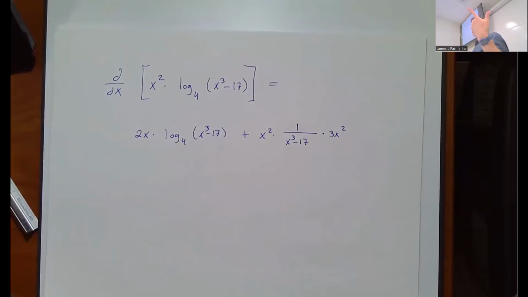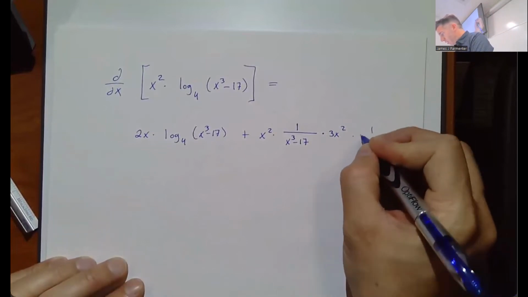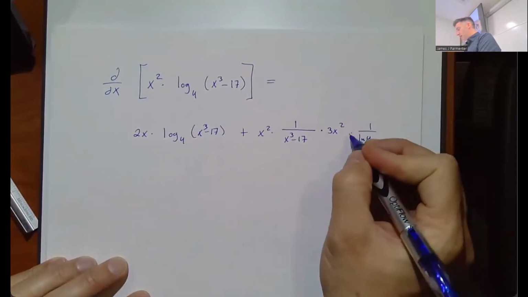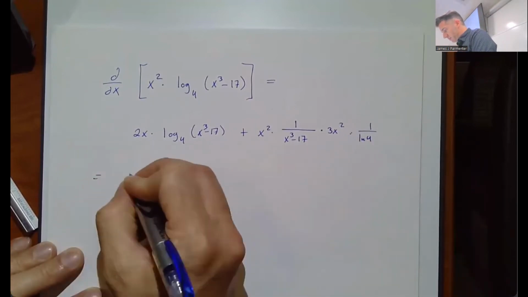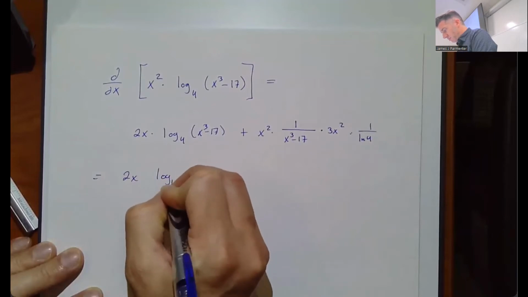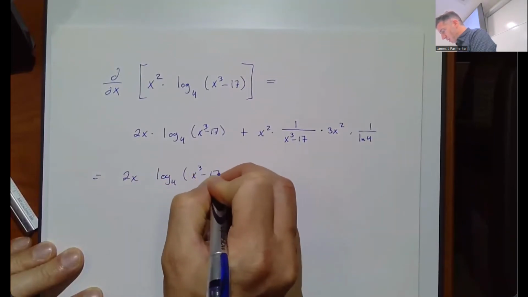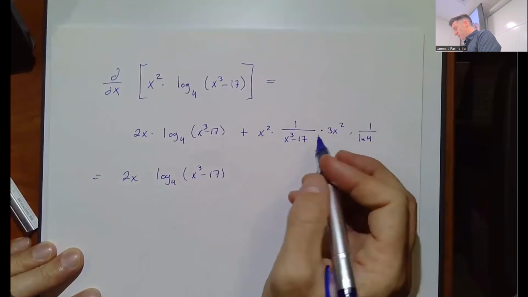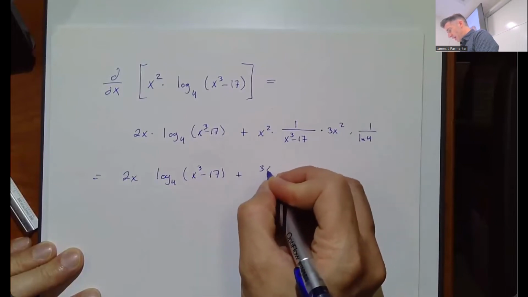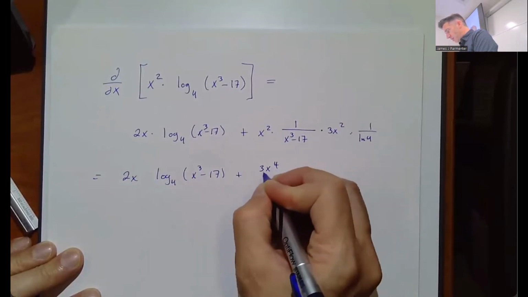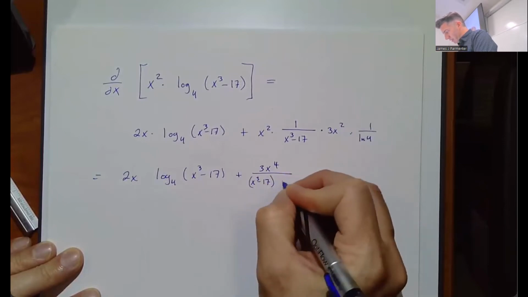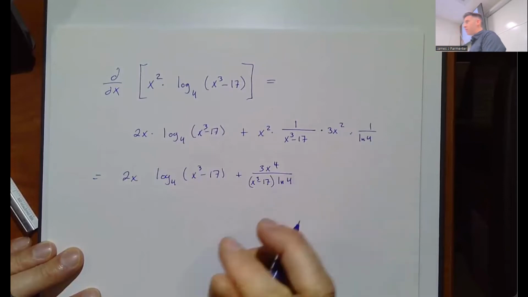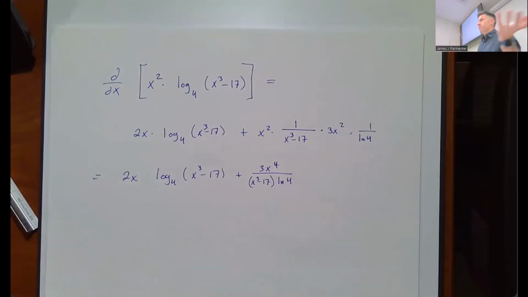I usually just like to write at the end times 1 over natural log of 4. Some people would prefer I write it like this: we could write this as x squared times 3x squared is 3x to the 4th on top, divided by x cubed minus 17 in parentheses, and then the natural log of 4. That's a more compact way of writing it.